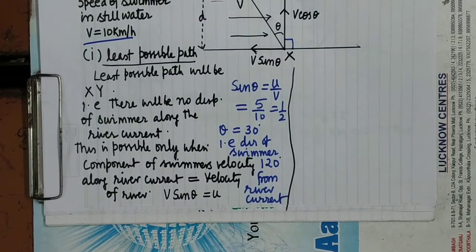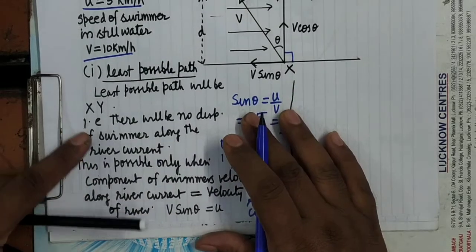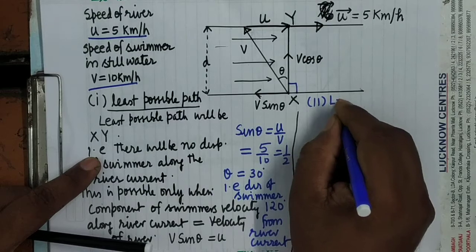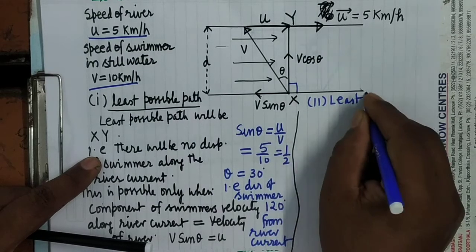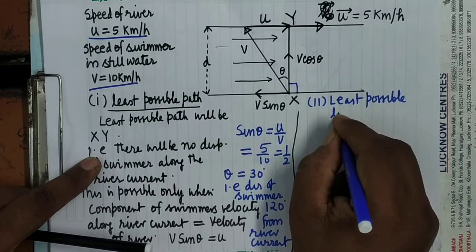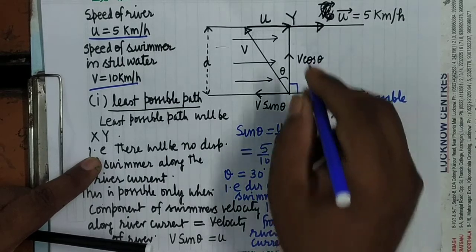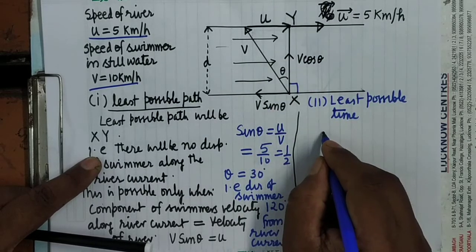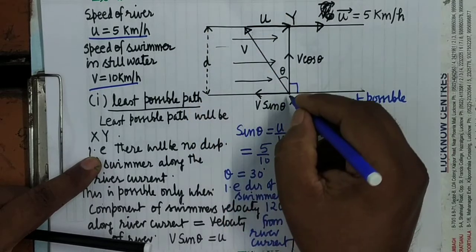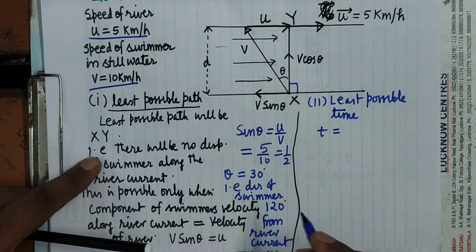Now see here, the second case is the least possible time. So what is the time? Time t equals d, the distance, upon the velocity in this direction, which is v cos theta.